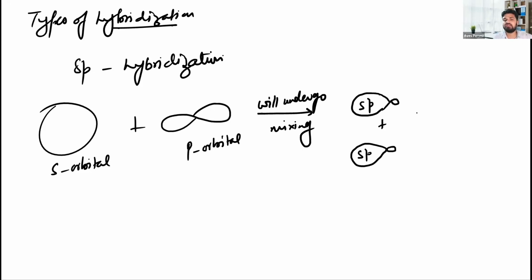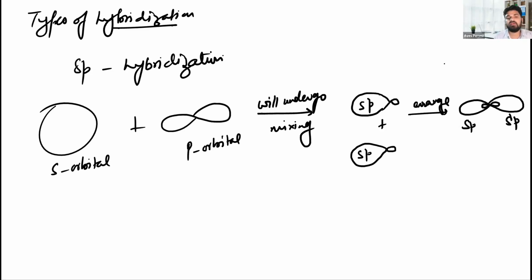And how will they be arranged? How will they arrange themselves? They will arrange themselves this way. So this is sp and this is also sp. Understood?